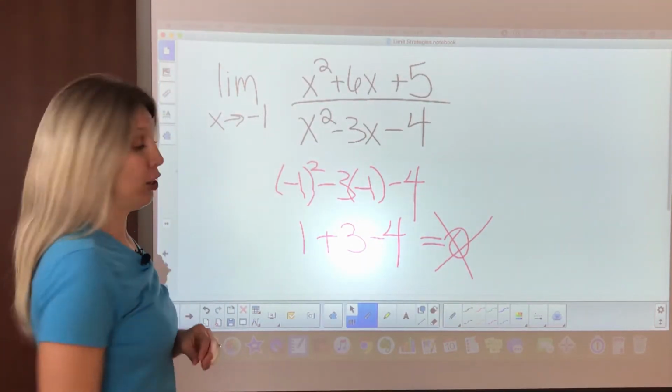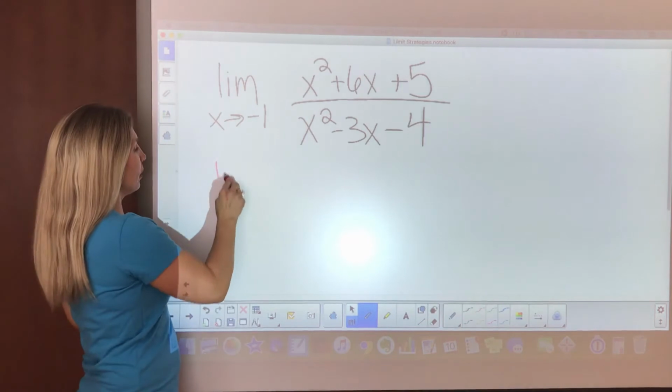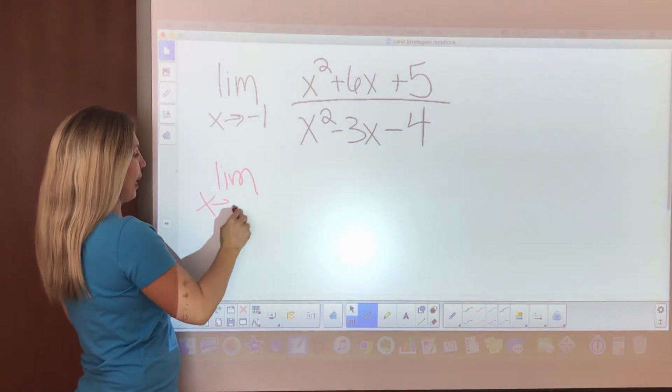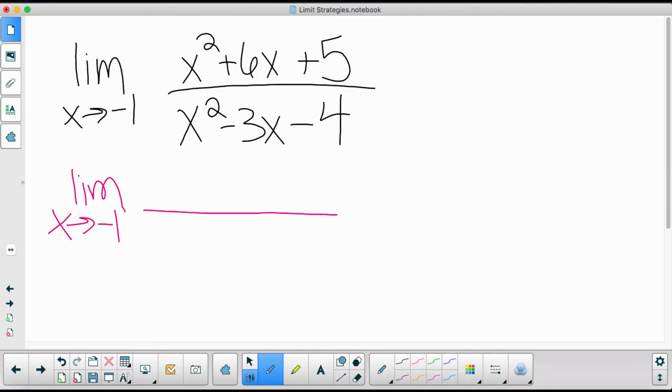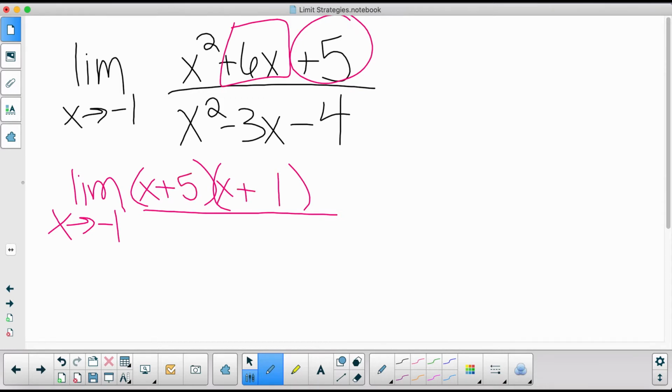We're going to try to factor. So we're rewriting the limit as x goes to -1. We have to keep this in because we have not taken out our variable yet. We're going to factor the numerator first. In the numerator, you need two numbers that multiply to give you 5, that add to give you 6. So in this problem, we've got 1 and 5.